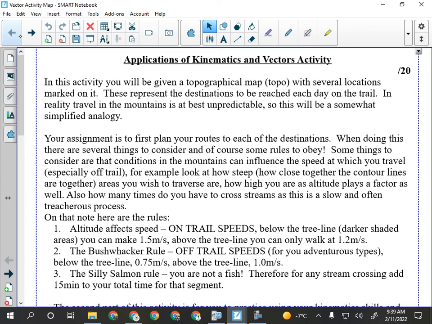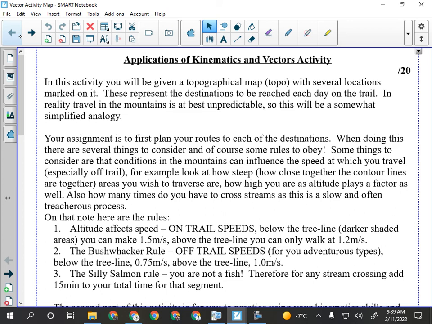How high are you, as altitude plays a factor as well. Also, how many times do you have to cross streams, as this is a slow and often treacherous process. Now, if you are on a path and have to cross a stream, what will there be? A bridge. So you really only have to worry about stream crossings if you are the adventurous type who is bushwhacking.